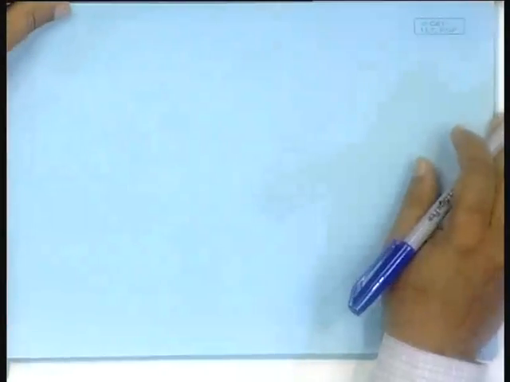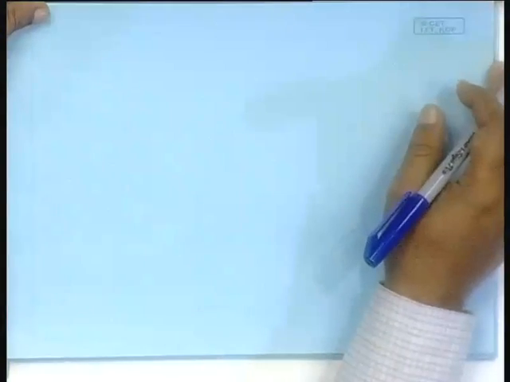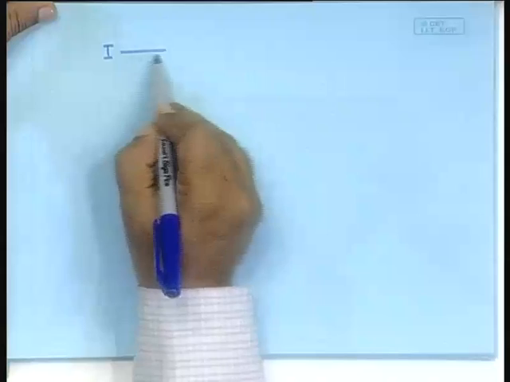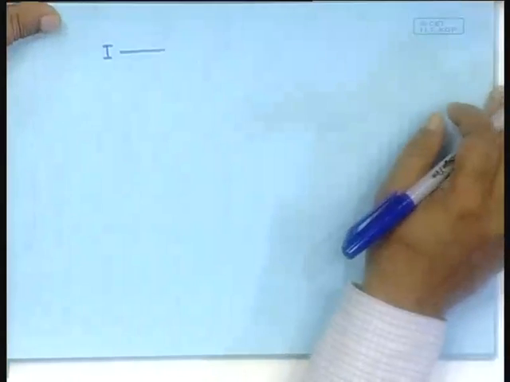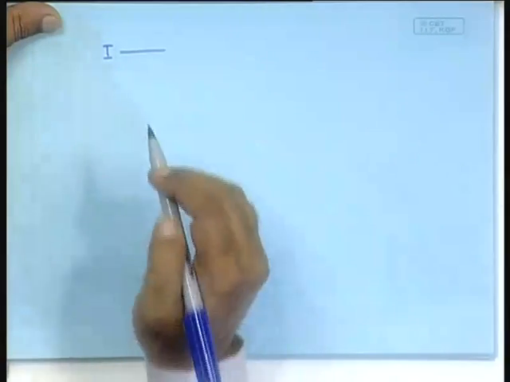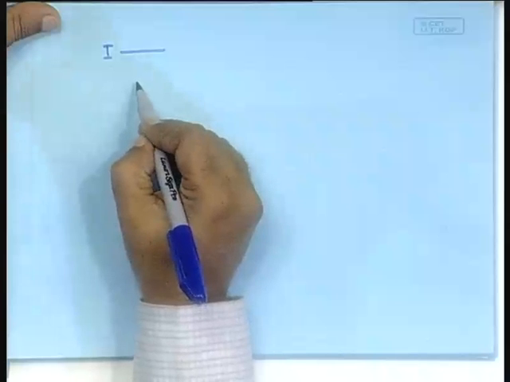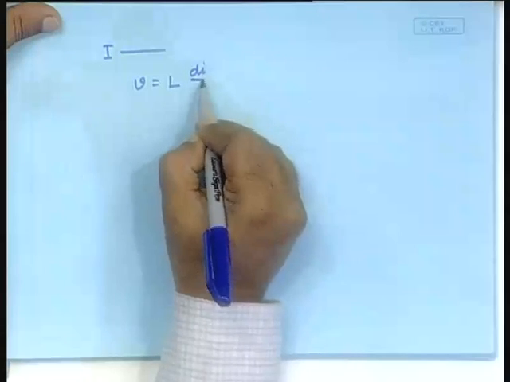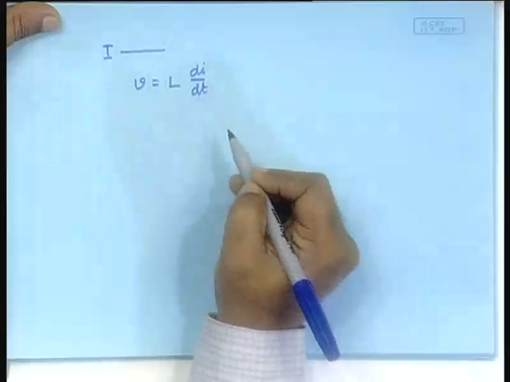First, when we talk about the inductive element, I connected to something by this bond, what is the character of this bond then? The character of the bond is represented by the fact that V is equal to L dI/dt, we know that.